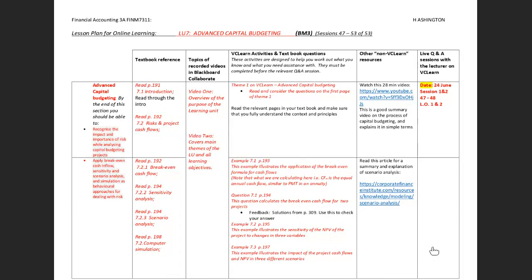If it was an annuity, remember PMTs are only linked to annuities. So what we're doing here is we're saying if this capital project, if we turn the cash flows into an annuity, in other words, equal regular amounts of cash flow, what would the PMT be in order for us to reach break even?